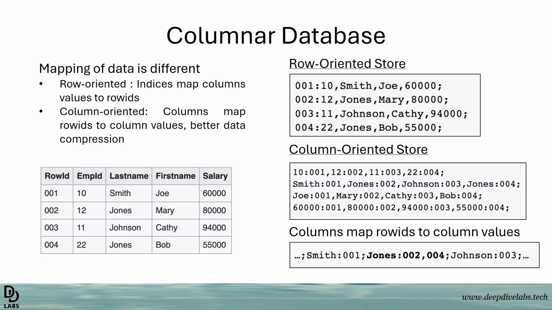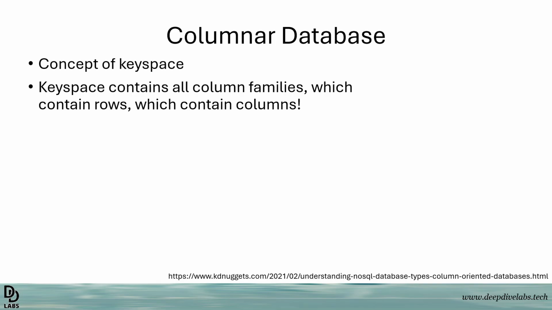So by essentially using these kinds of tricks in storing your data, you will see that columnar databases are very efficient in compressing large amounts of data. In a columnar database, the key concept is called a keyspace. A keyspace contains all column families, which contain rows, which contain columns.